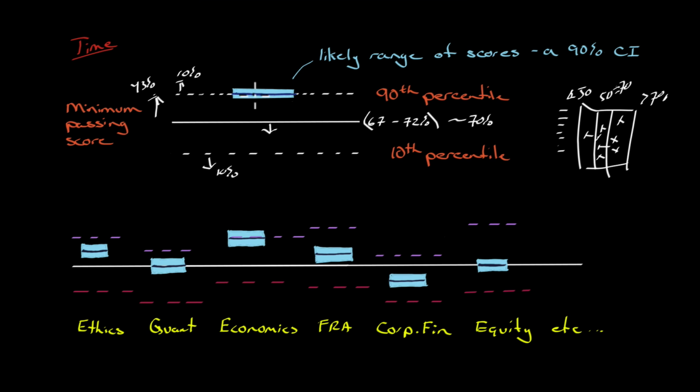So the solid line in this little blue box is your score in relation to the minimum passing score and the 90th percentile. So you can see where you land there. The range is a 90% confidence interval. And what that's saying is that, look, you've answered enough questions here that we're pretty certain, with 90% confidence, that if you wrote this exam again and again and again, your score will end up somewhere in this range no matter what.